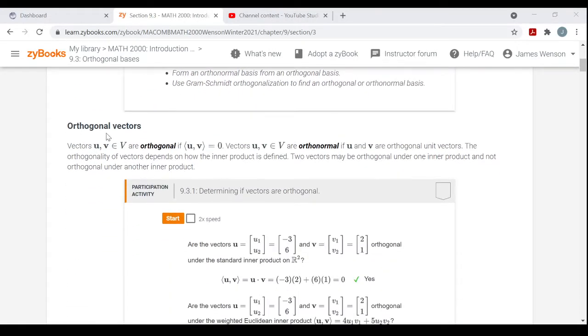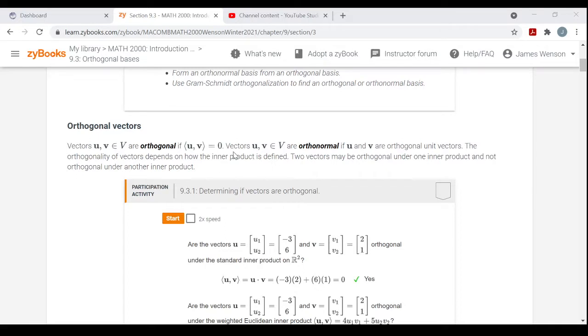So the first part of this section is on, what does it mean for two vectors to be orthogonal? Vectors u and v from some inner product space V, a vector space with a properly defined inner product, are orthogonal if the inner product of u and v is 0.